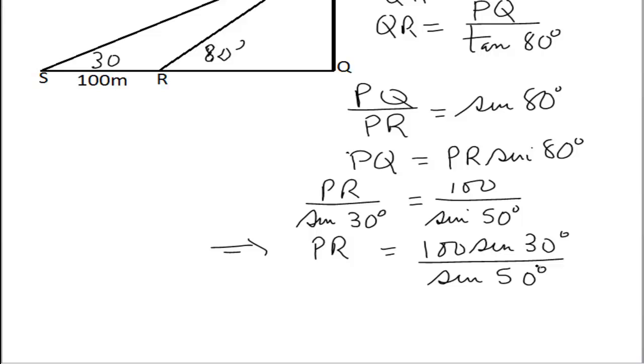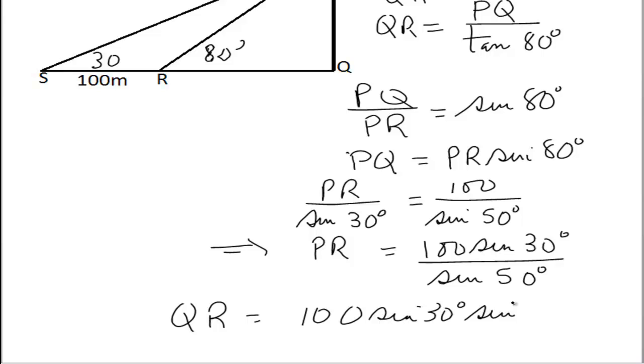Now we've got sufficient information here, and when we do our substitution for QR right at the top, we've got PQ as well. PQ is equal to PR sine 80, and for PR we can do all our substitution, and we will get 100 sine 30 times sine of 80 degrees.